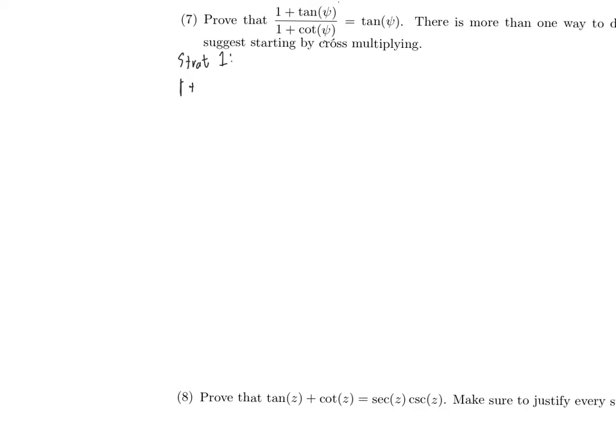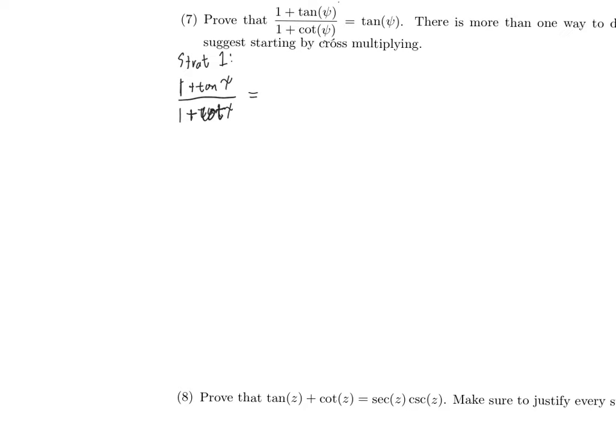1 plus tangent psi divided by 1 plus cotangent psi equals, and now we need to simplify. There, now I've actually copied it down correctly. So the first thing that I notice that we can do is I know what tangent is and I know what cotangent is. So let's use that.